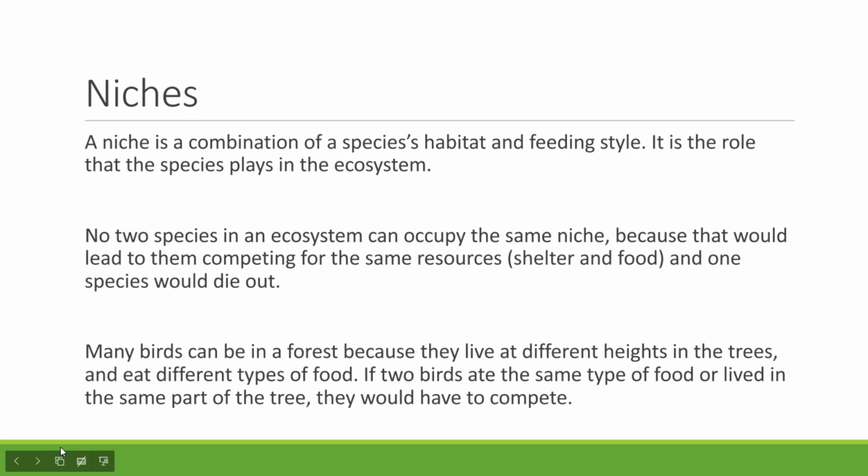Right? So there could only be one in that case, and that's where survival of the fittest plays a bigger role here, if we have two organisms that are trying to occupy the same niche. Yes, a niche is what the organism does in the ecosystem, right? It's the role that it plays, its part in the whole thing.